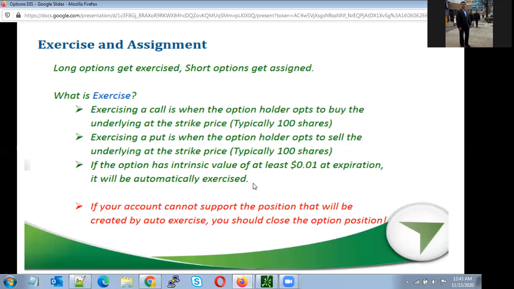So at the end of the contract, you have to make sure that you know what you are going to do with that contract. If your account cannot support the position that will be created by auto exercise, you should close the option position, right? That is what I'm saying. Okay.